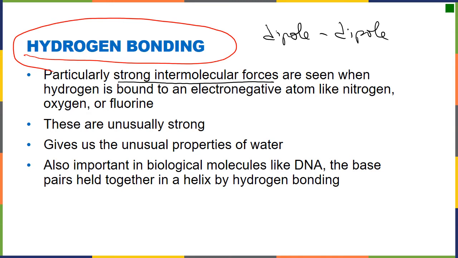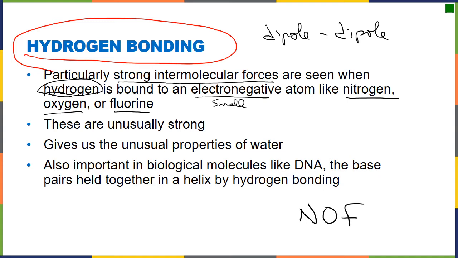The next thing that we're going to have is a hydrogen on this molecule bonded to a very, very small, highly electronegative atom. And our examples and the only ones we can have are nitrogen, oxygen, and fluorine. So we're going to call this NOF, and we have to have a hydrogen that's attached to one of these. And if we have that, we are going to have hydrogen bonding.